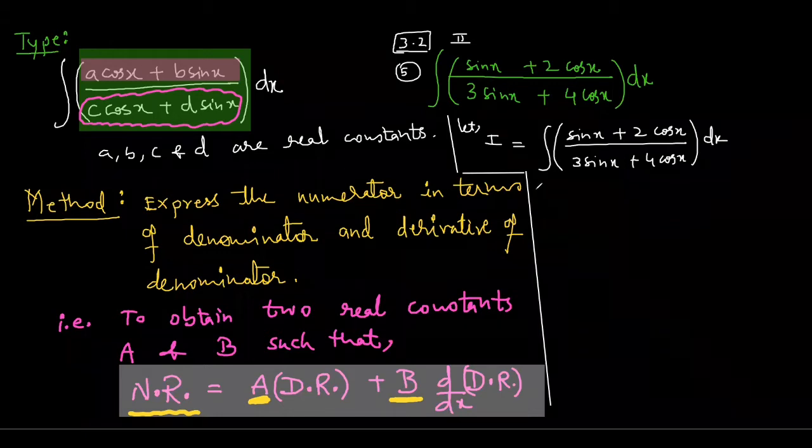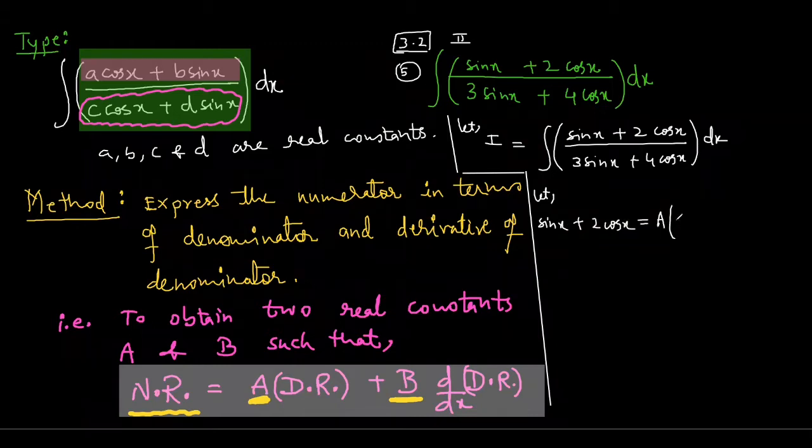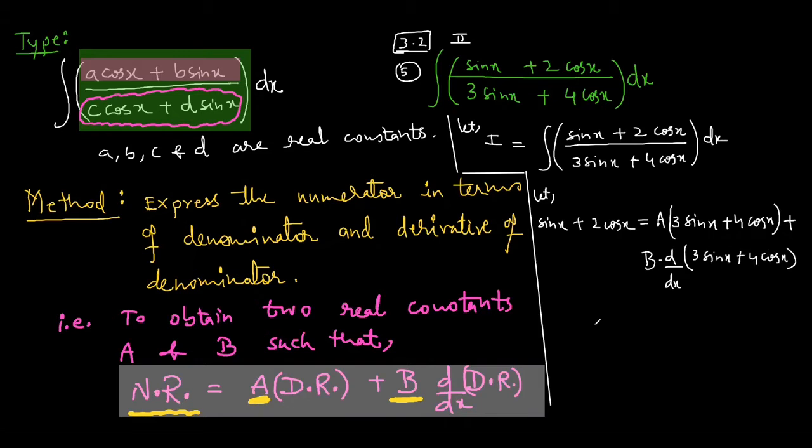So I will write: let sin x plus 2 cos x equal to A into denominator, that is 3 sin x plus 4 cos x, plus B into derivative of denominator, d by dx of 3 sin x plus 4 cos x. Okay. So the next step you will get, students. See what will be the next step that we will get.